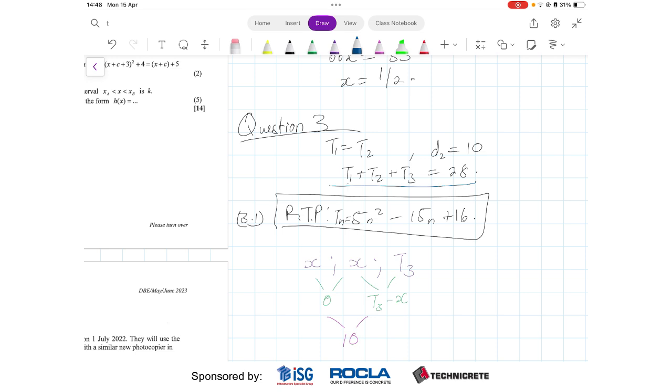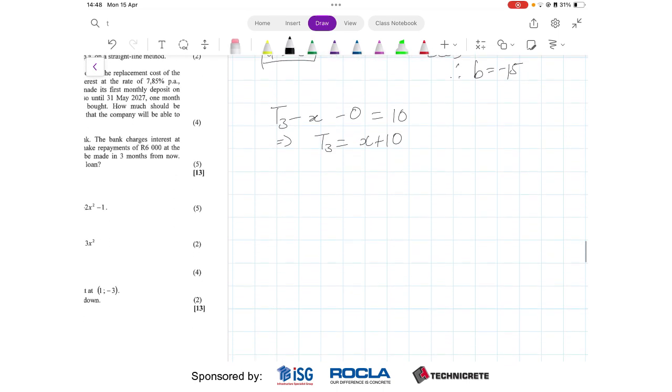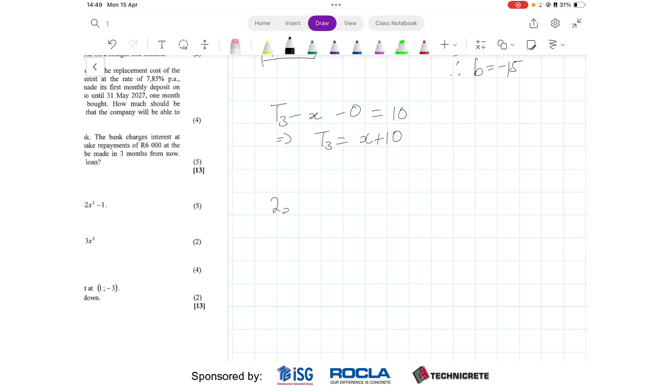And we already know that t1 and t2 are equal to x, because we have decided to name them x. So we're going to say 2x plus t3 is equal to 28. Where does this come from? This comes from t1 plus t2 plus t3, which is equal to 2x plus t3, right?